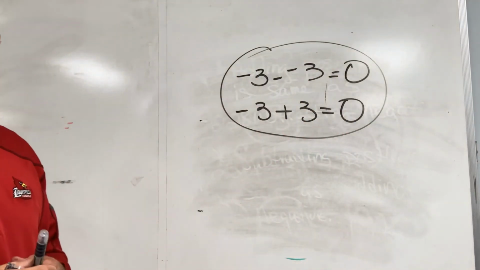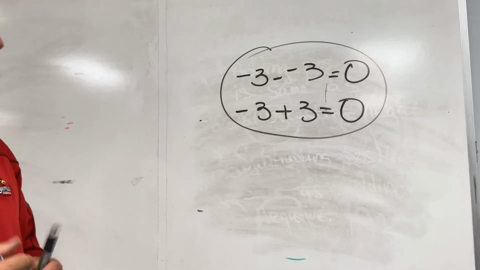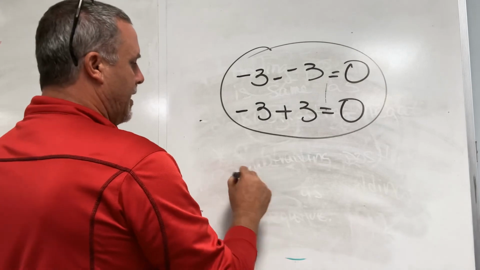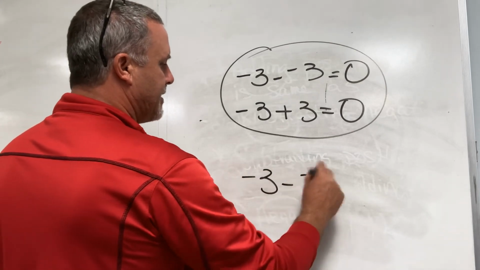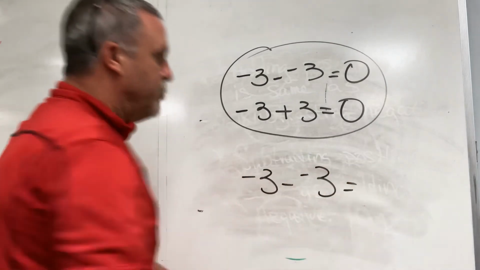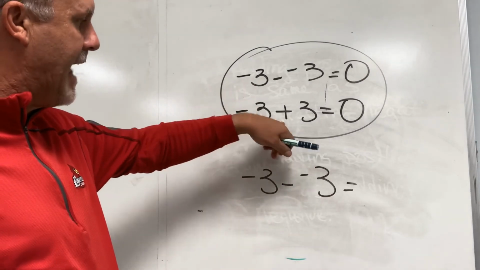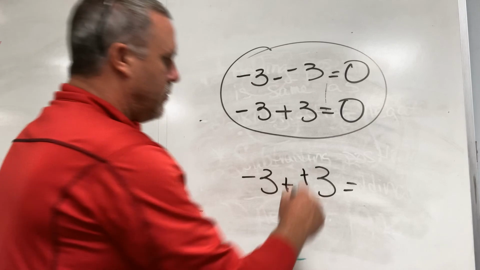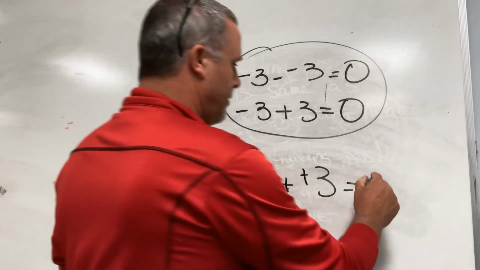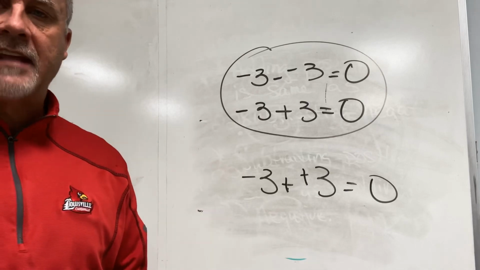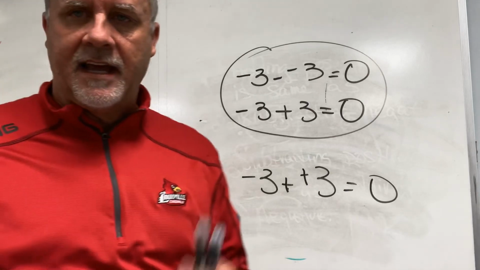So there's one of the examples that shows it works. If you had something like negative 3 minus negative 3, and you didn't like that, and you remember the rule says it's the same as adding a positive, we just get rid of those negatives, and that's one of the little tricks. It's better to have understanding first, but I wanted some of you to see that in case it would help.